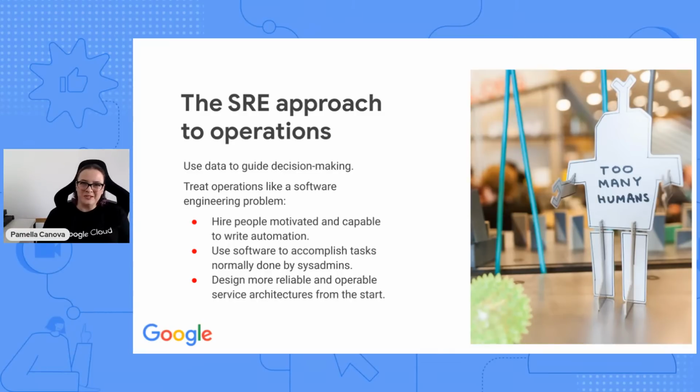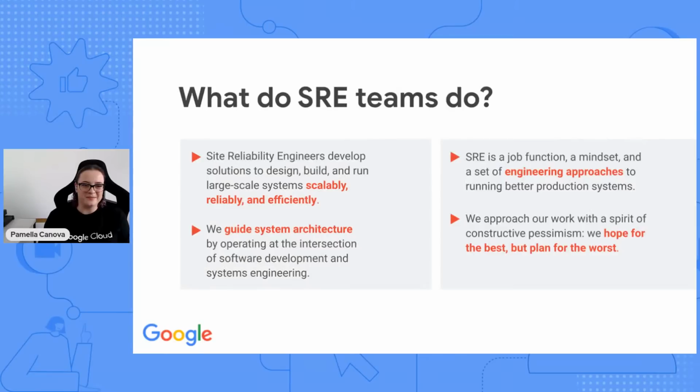It's also good to have people who can code and automate things, so that we can accomplish many tasks automatically and avoid having people looking at logs and dashboards all the time if it can be done by coding.